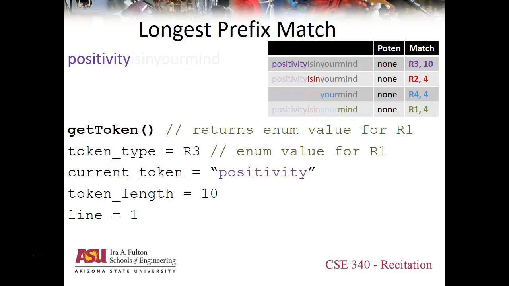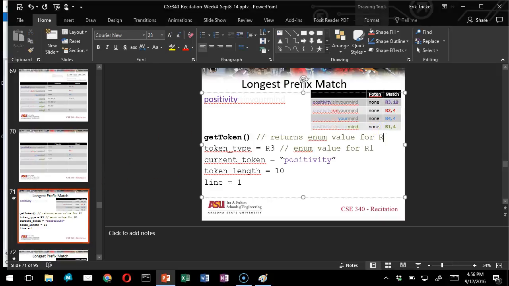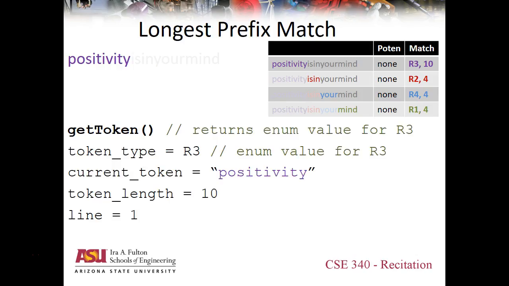All right. I want to just kind of make this point. You take each one of these tokens. If we ran get token on it, each time we run get token, it'll return an enum value. So in this case for R1, which is wrong, it returns that, and then the length 10 matches.